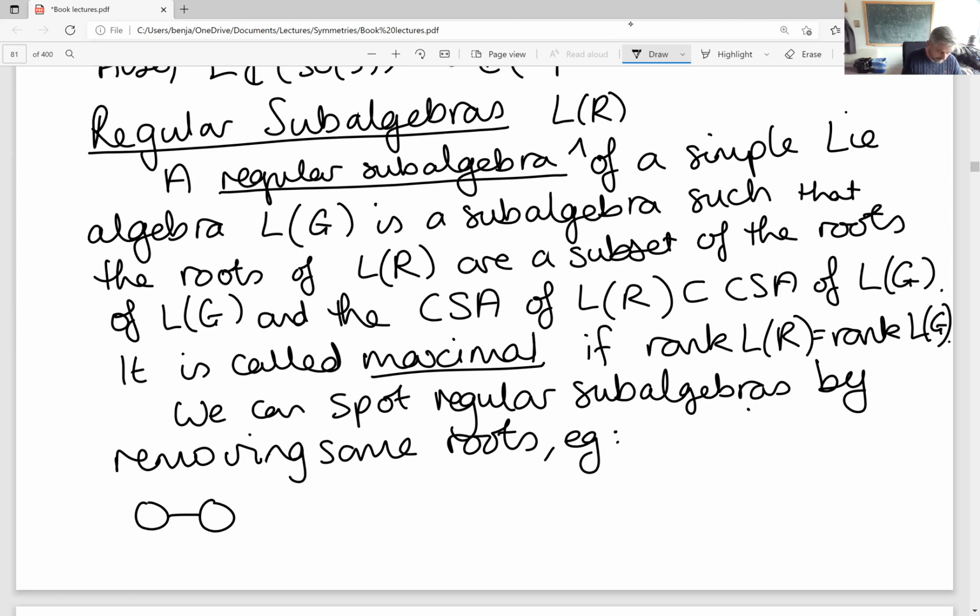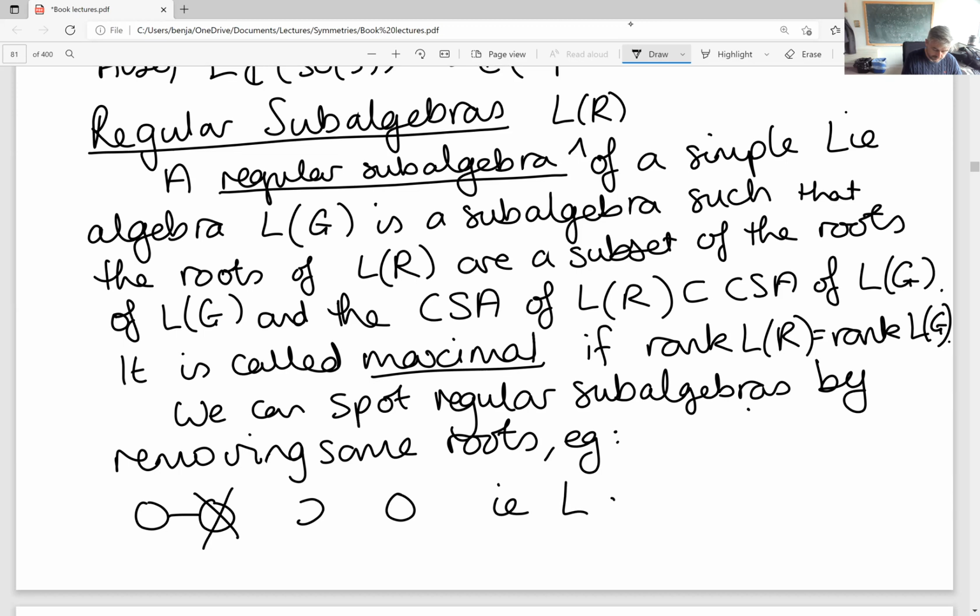So this is the Lie algebra of the complexified form of SU3. If we just remove one of the roots, the remaining root is this, and this is the Lie algebra of the complexified form of SU2.